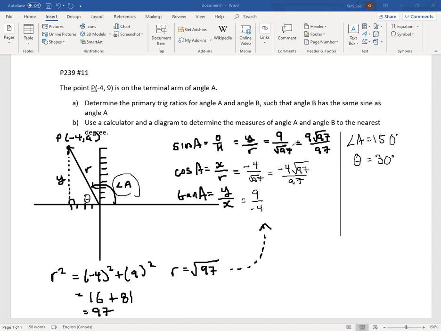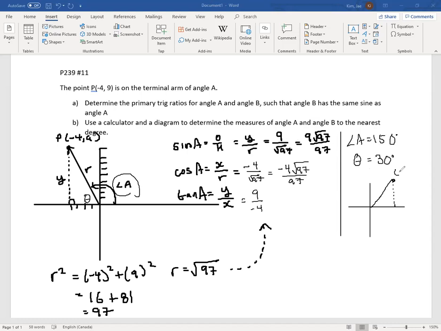What we're doing intentionally here is pretending that the triangle created by 150 degrees is actually in the first quadrant.